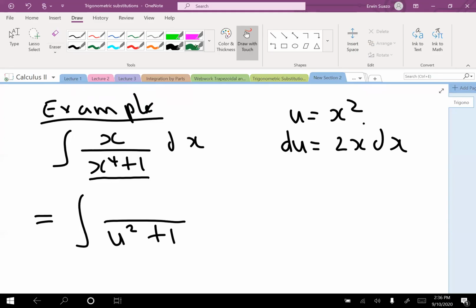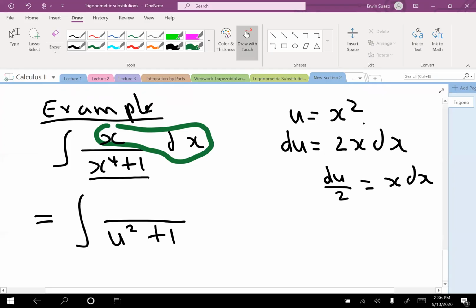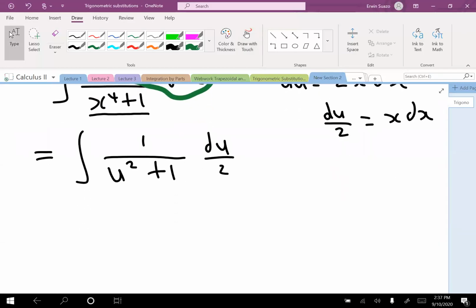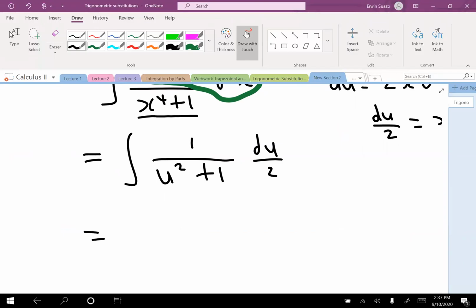So I divide both sides by 2, and I get du over 2 equals x dx. So instead of x dx, I write du over 2, and I can take that 1/2 outside. So I do 1/2 of the integral of 1 over u squared plus 1 du.